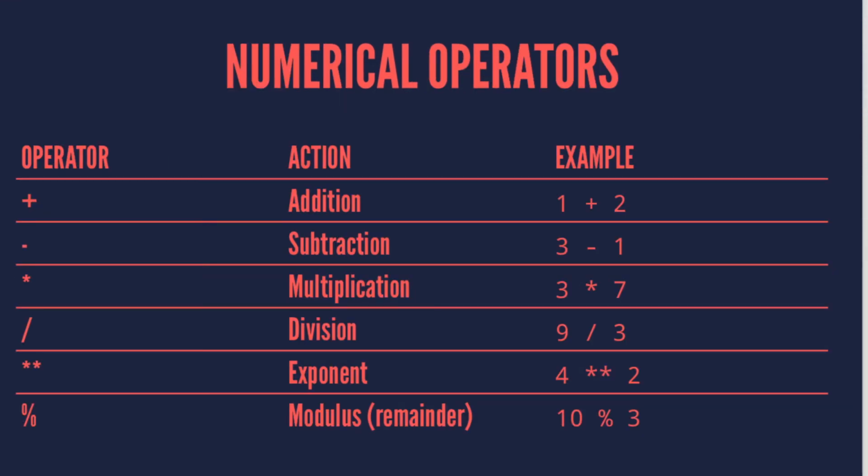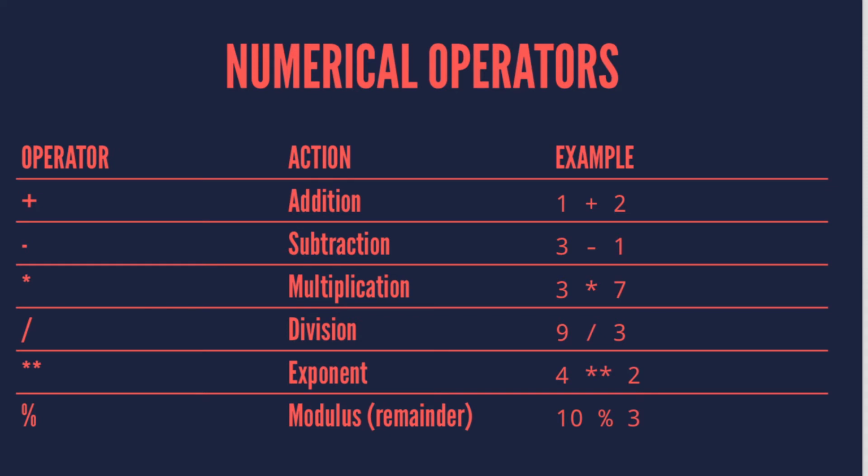Then we had our numerical operators. So we had addition, which is the plus sign, subtraction, which is the minus sign, multiplication, which is the star sign, division, which is the slash, exponent, which is also known as to the power of, and you use 2 stars for that, and modulus, which is the percentage sign.